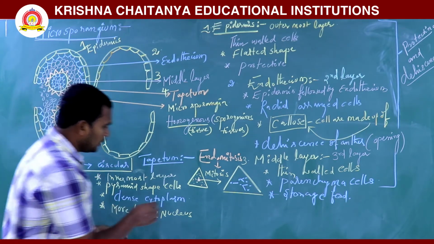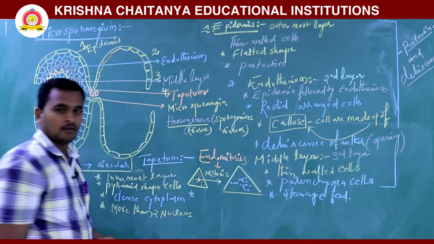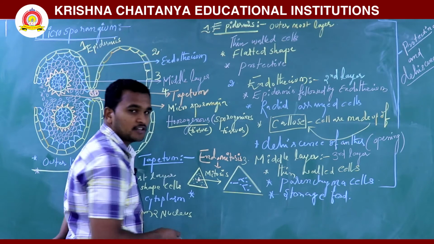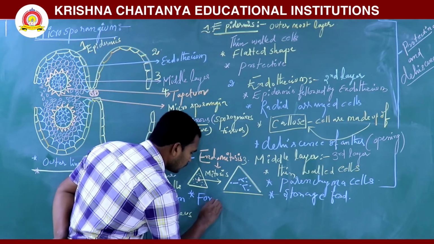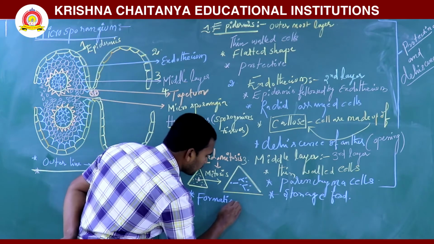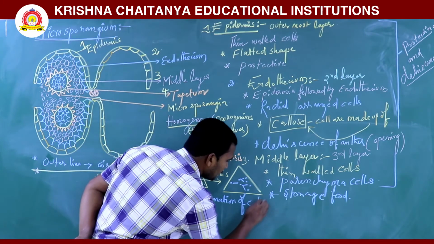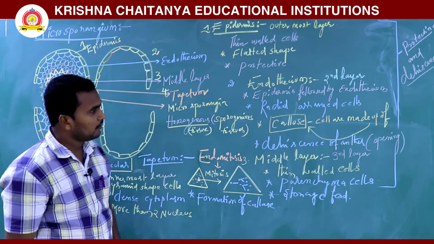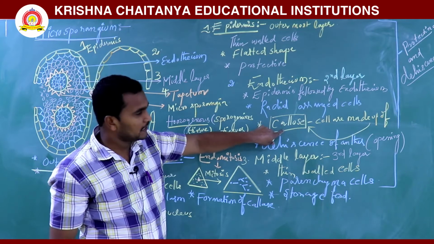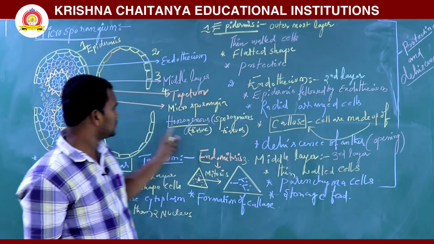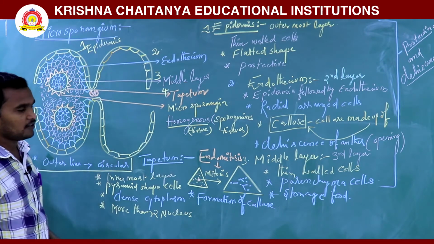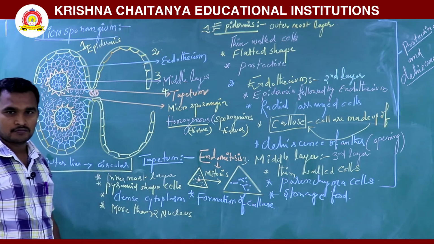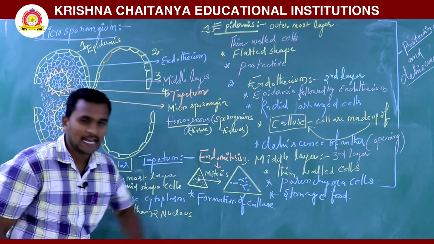It is also a function of the tapetum to help in the formation of callase enzyme. The callose cells of the second layer, the endothecium, are dissolved by the callase enzyme.